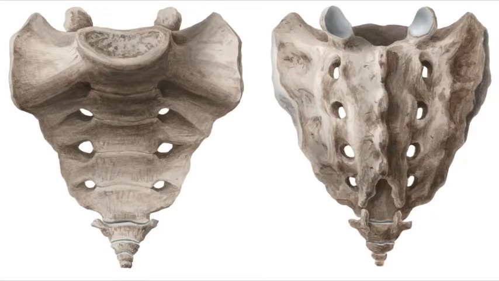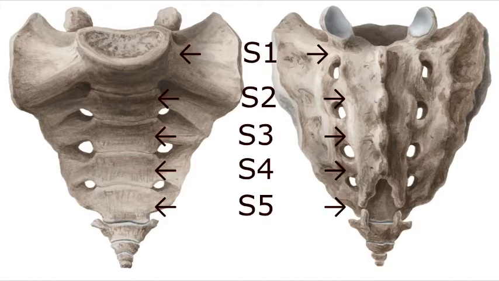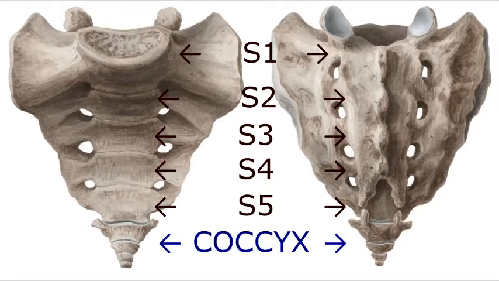You can see clearly that the sacrum is a triangular shaped bone made up of 5 bones which fuse together at the age of 18 to 30 years. These bones are named S1 to S5, and the coccyx is made up of 4 small bones which are fused together.